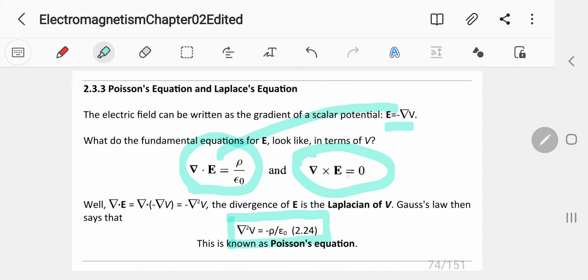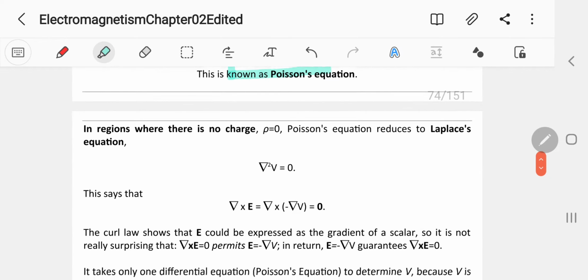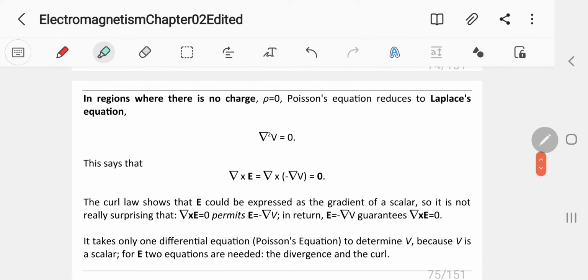And of course, for the curl, this is the curl of E, and therefore you have a gradient here. In general, the curl of a gradient is always 0, and we know this from the first 6 lectures.